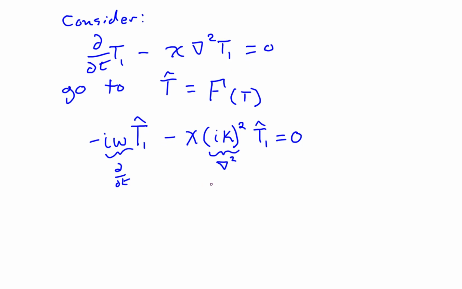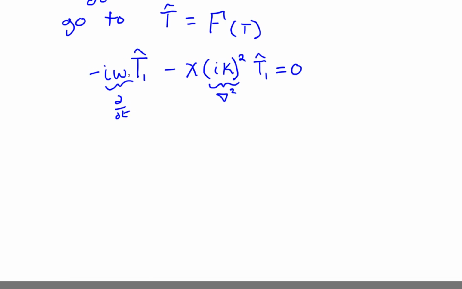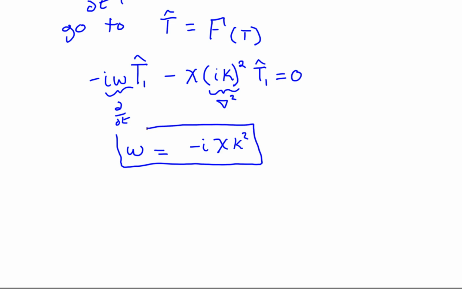This tells us the relationship between the omega, the temporal variation of this mode, and the k, the spatial variation of this mode. So this system has the solution that omega is equal to minus i times our diffusion coefficient chi times k squared. This is the required condition to have solutions to the heat equation.